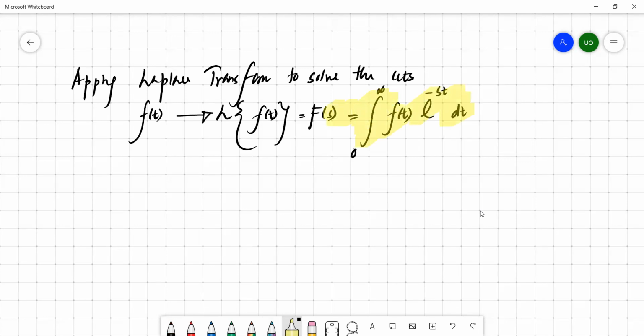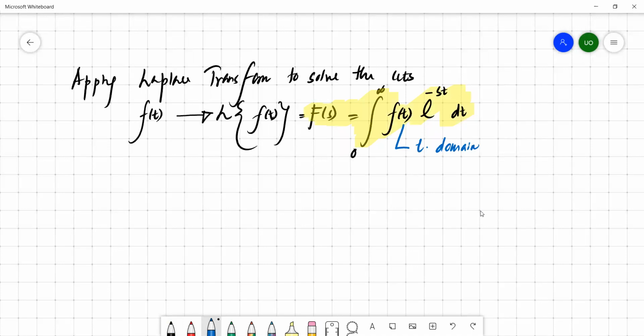If I ask you to evaluate a Laplace transform, you can just plug in this integral. This is your time domain function, the t domain function. You multiply it with e to the power minus st and integrate over the domain 0 to infinity, or in some cases, if it is double sided, minus infinity to plus infinity, dt.